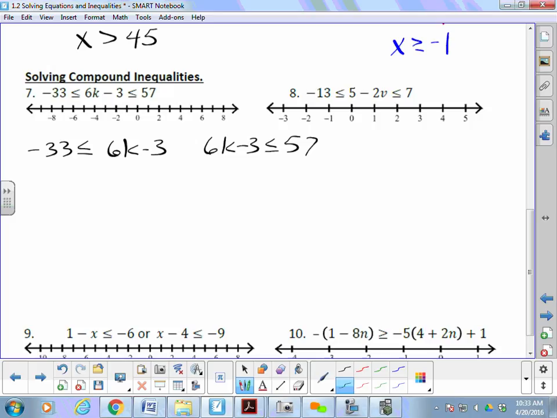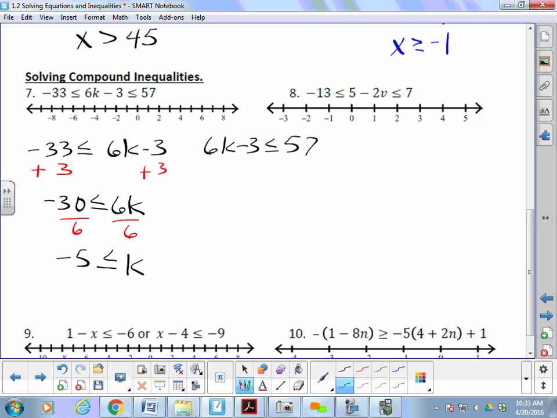So we add 3 to both sides. 6k is greater than or equal to negative 30. And divide by 6. So the one on the left, k is greater than or equal to negative 5.